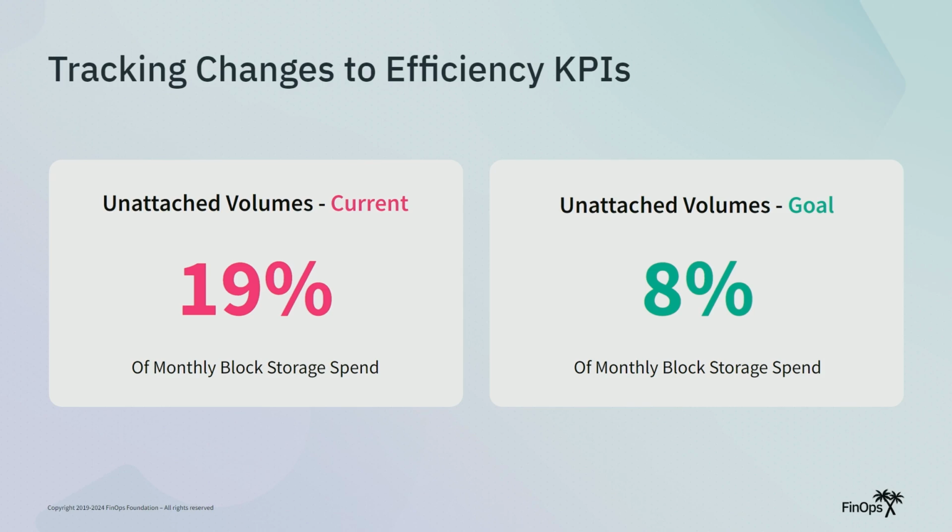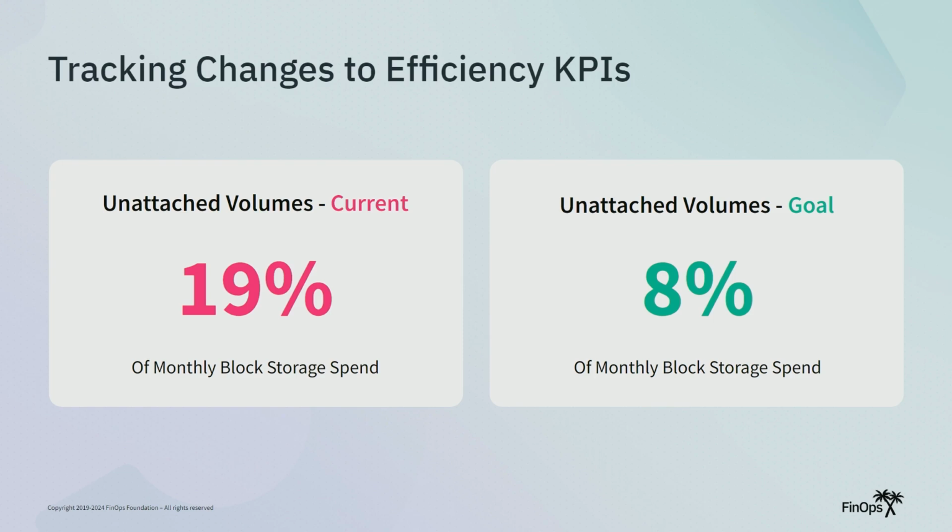So in our current state, 19% of our monthly block storage spend is on unattached volumes. Feels pretty wasteful to me. And so we could start with that KPI on spend on unattached volumes, which is an aggregation. We're not reporting on a specific volume at this point, right?